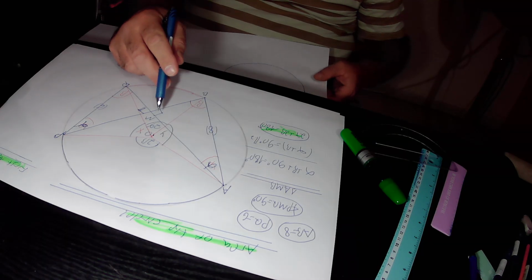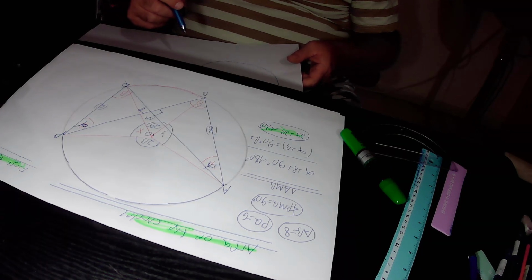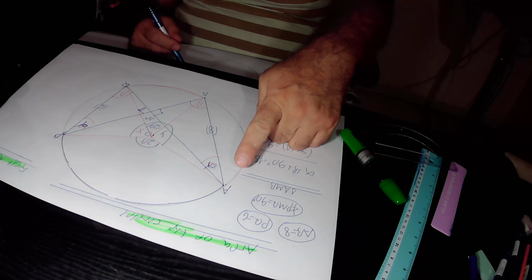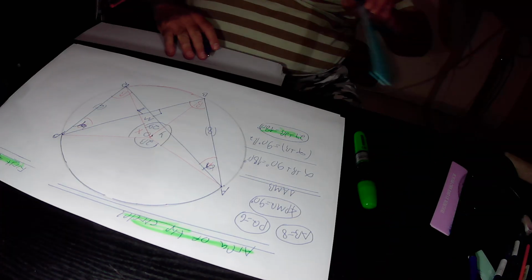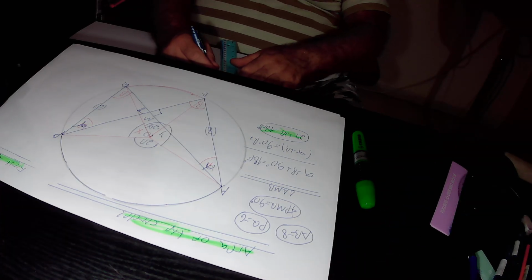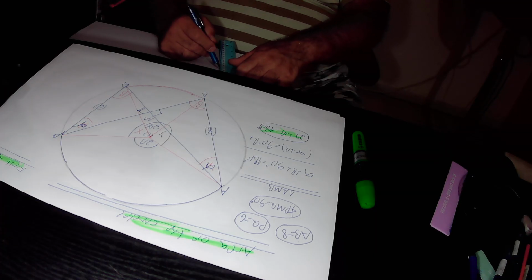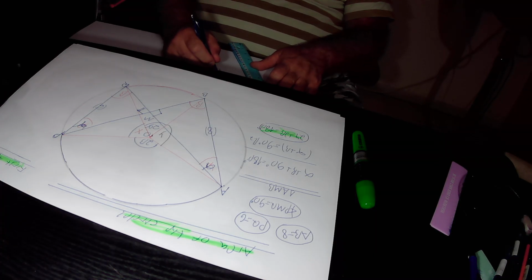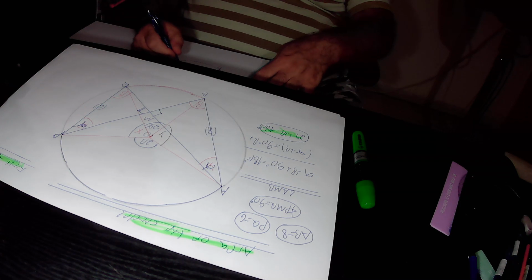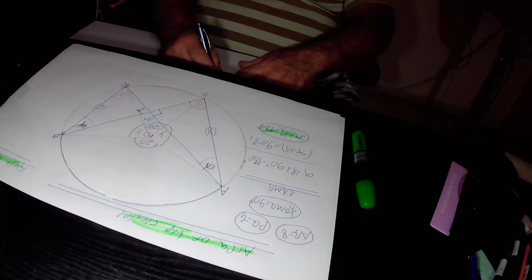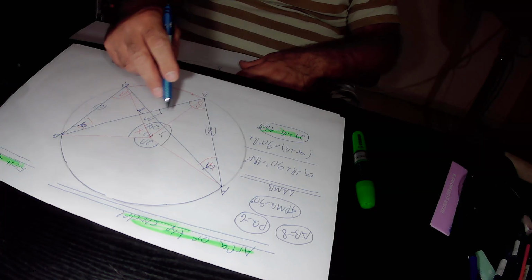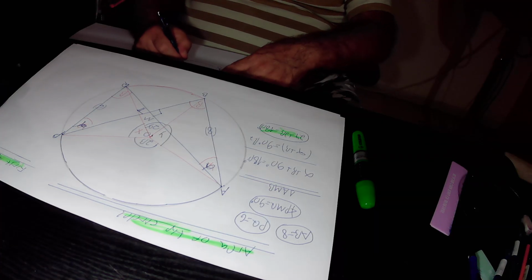The center of this circle is here at point O. I copy chord AB in the new circle. Chord AB equals 8 units in its length, and central angle AOB equals y degrees in its size.